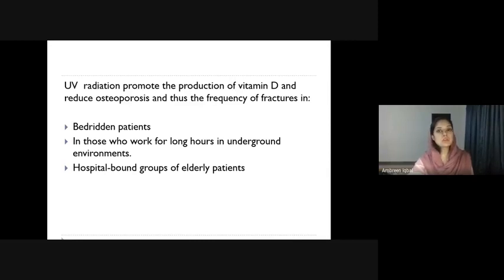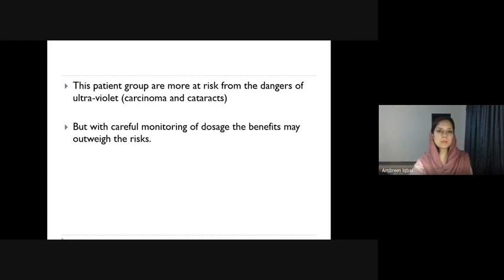It also reduces the frequency of fractures and improves vitamin D production in those who work long hours in underground environments, like in submarines or mines, and hospital-bound groups of elderly patients. This patient group is more at risk from the dangers of ultraviolet, like carcinomas and cataracts, but with careful monitoring of the dosage, the benefits may outweigh the risk.